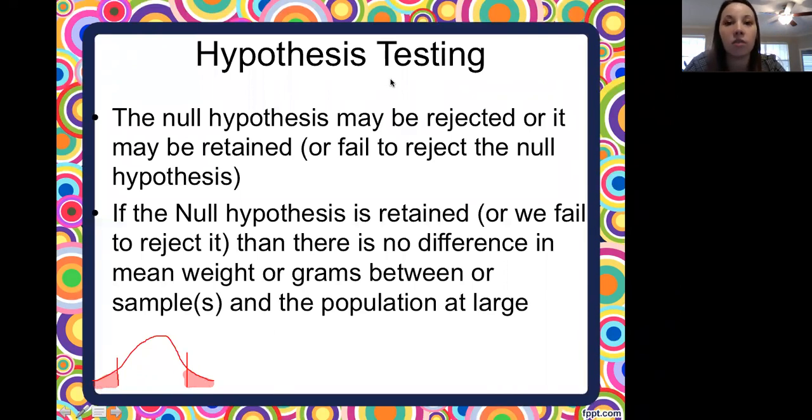No significant difference, that is. So that means that our data are falling somewhere in this region, that blue region. When our data fall in the blue region, we retain the null hypothesis. When it falls in the red shaded region, we reject the null hypothesis.